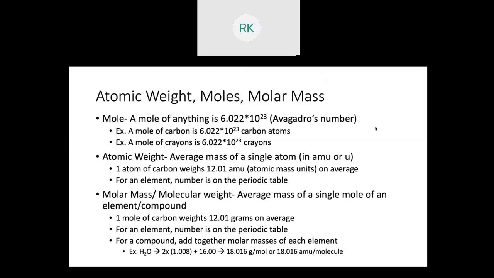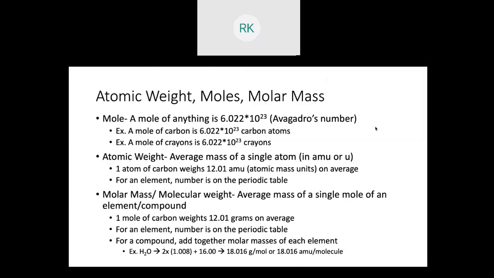Now when we're doing molar mass or molecular weight, we weigh this in terms of a single mole of a compound, right? So it's the average mass of a single mole of an element or compound. And this, again, is taken right from the periodic table, okay? And so when they came up with what a mole is, it's really just a larger scale version of a singular atom, right?